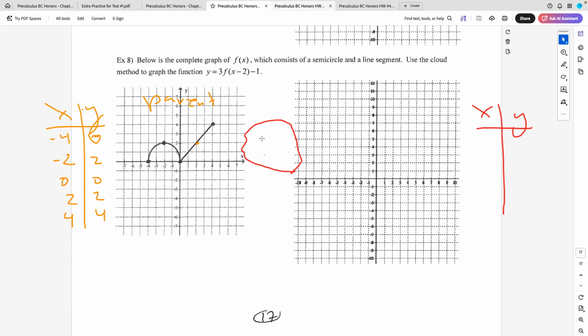We're adding 2 to x. 3y minus 1. So you have 3 to the x.